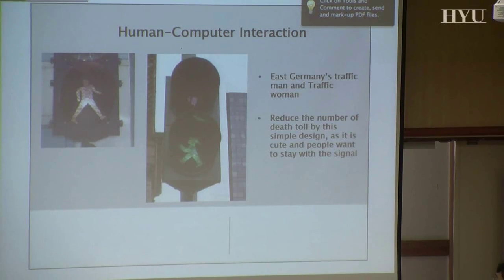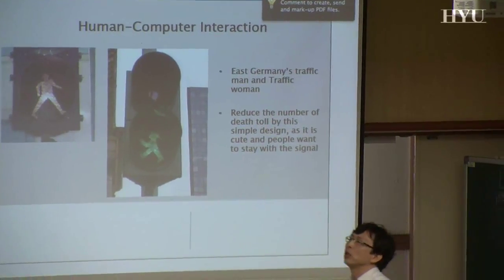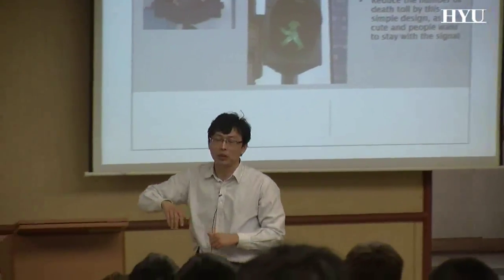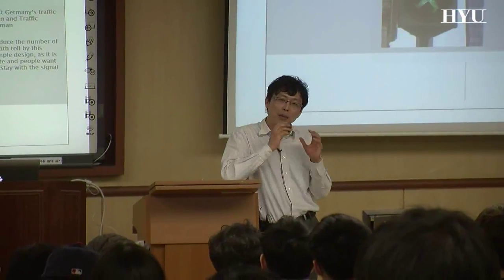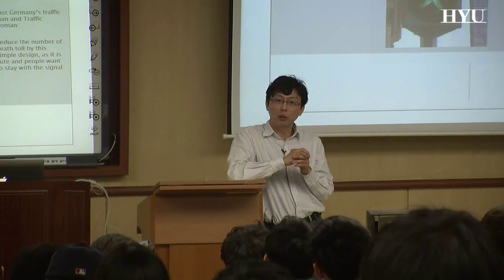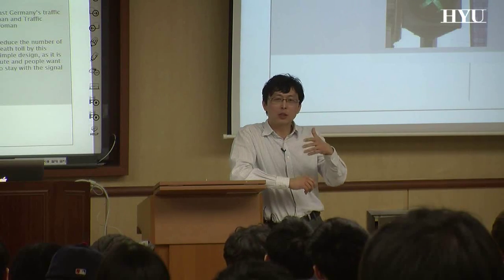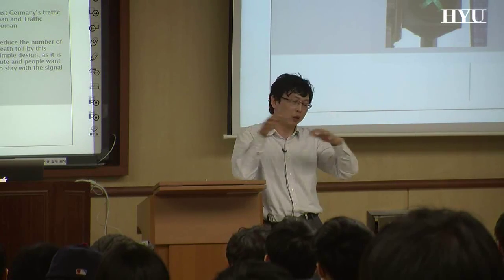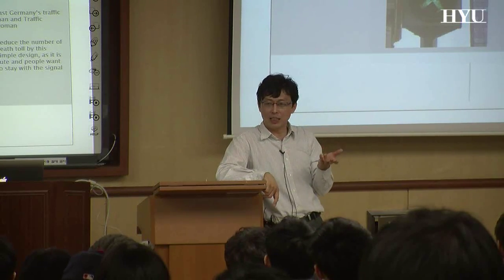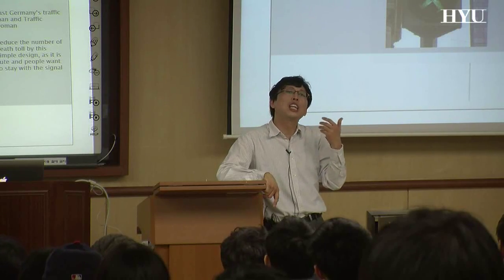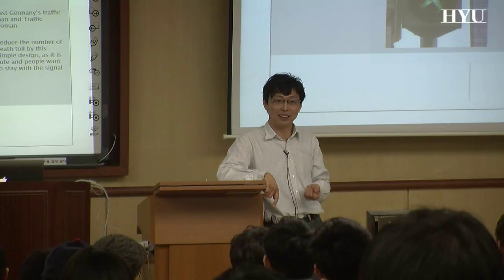The main thing about this product was this. The German traffic designers thought about it this way: why do some car accidents happen at the crossing? Some people just cross the road without noticing the sign, right? What they thought was, if we can provide very authentic information to them, they will be engaged in seeing it.